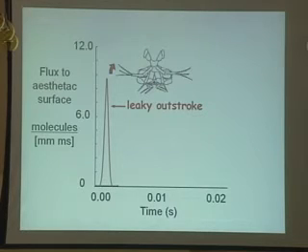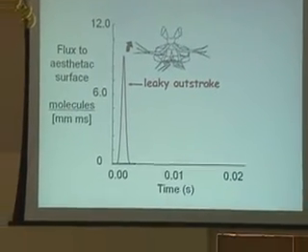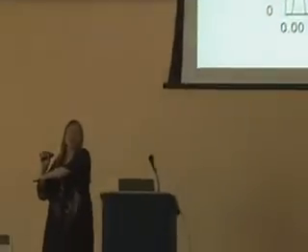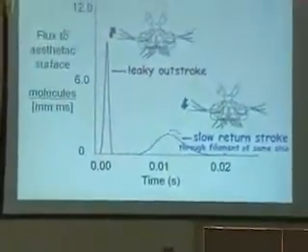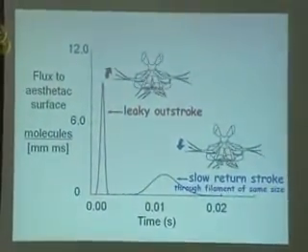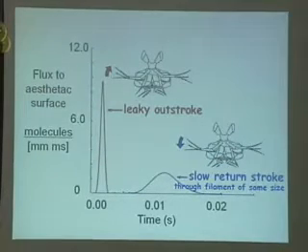He can do the same sort of calculation for the return stroke. So when the antennule hair array is not very leaky, if the antennule were to encounter that odor filament, then you get a very different result. There's a very slow onset of concentration as the molecules diffuse in through that trapped water, and the peak is not very high at all.